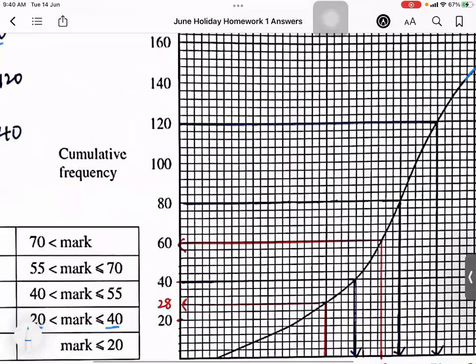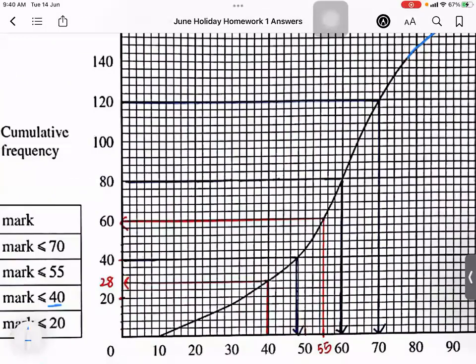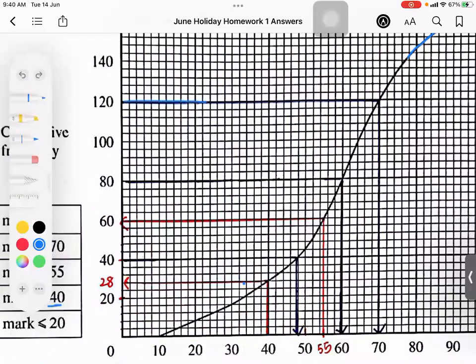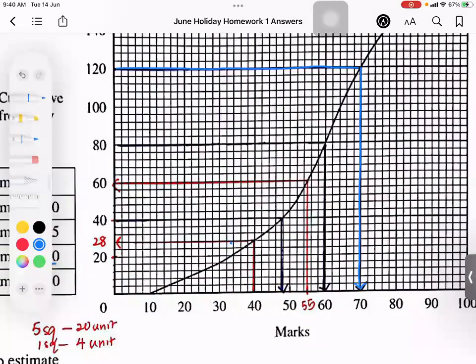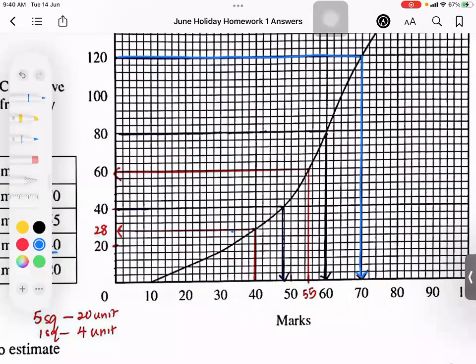So 120. Read the value. Now the number might not be exactly a nice square, so you do need to count the units sometimes. Usually N level tries to be kind, but not all the time. So this number is 70.